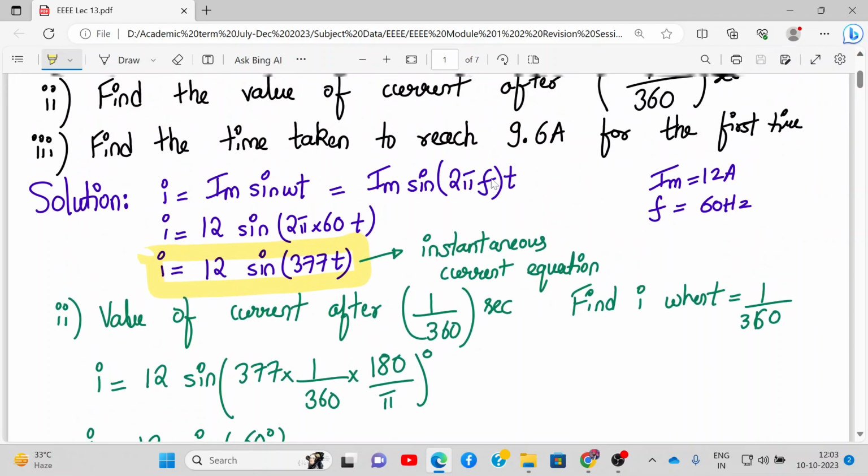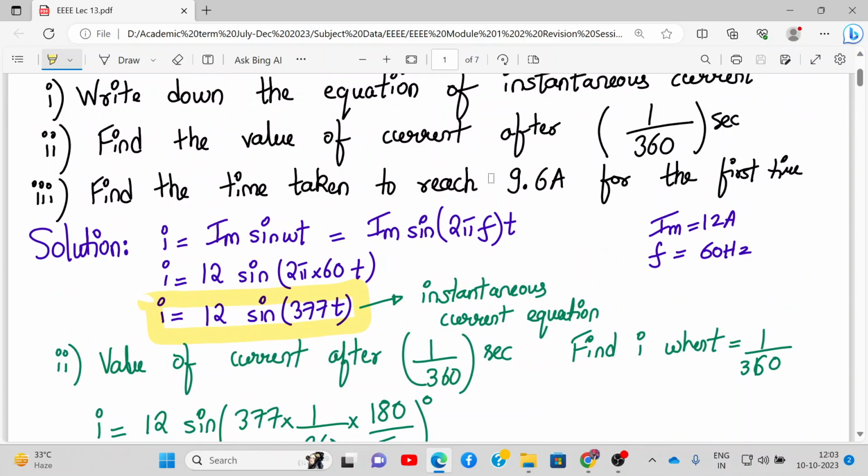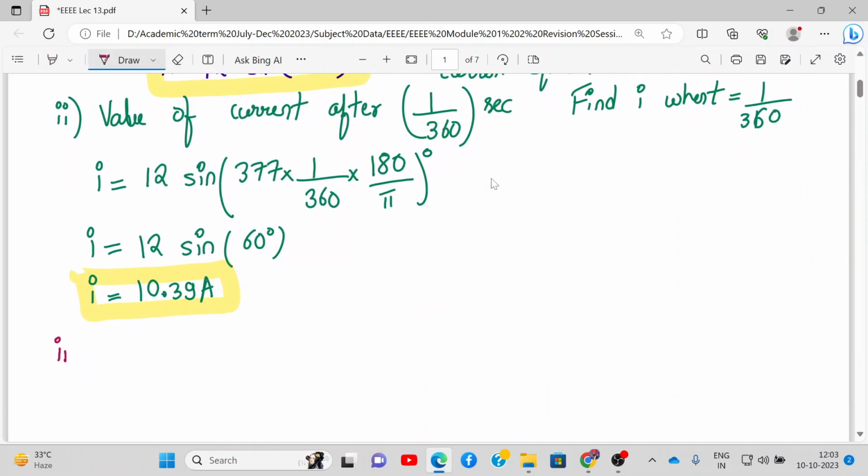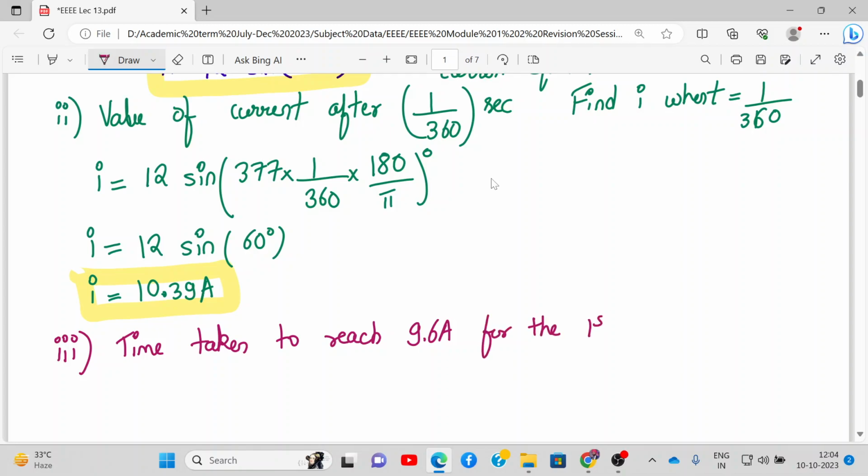Now let us find the next one. Find the time taken to reach 9.6 amperes for the first time. So we'll now calculate the third part, the time taken for the current to reach 9.6 amperes for the first time.